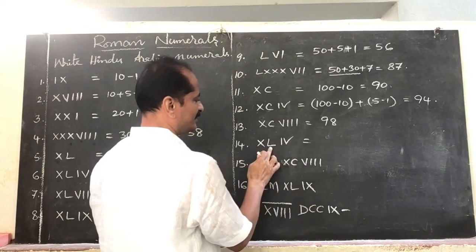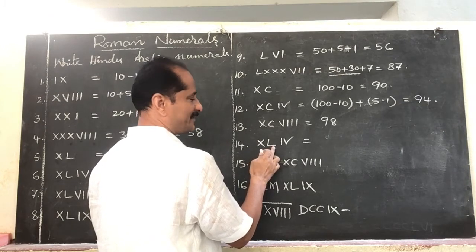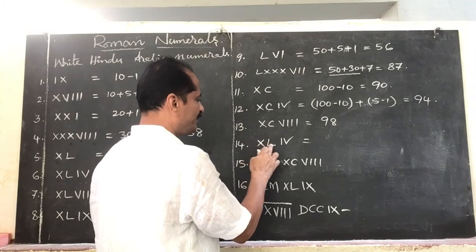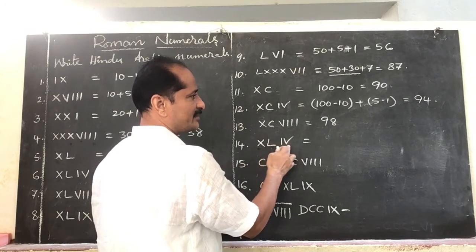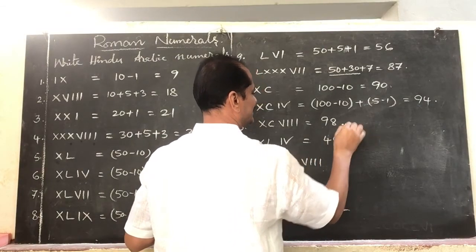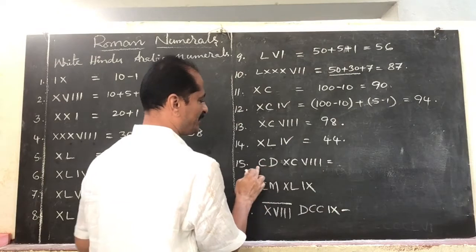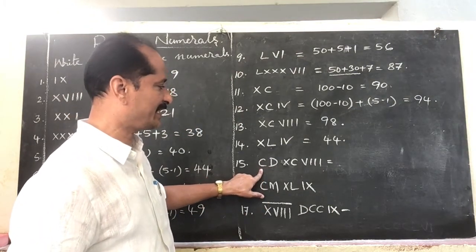So again here also, X, L and L is the greater symbol. To the left side of the greater symbol we have written a smaller symbol. So 50 minus 10, 40, 5 minus 1, 4, 40 plus 4, 44. Directly we are writing, check carefully. So here also D minus 100. 500 minus 100, 400.